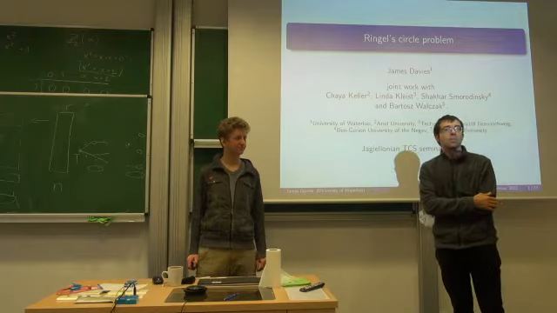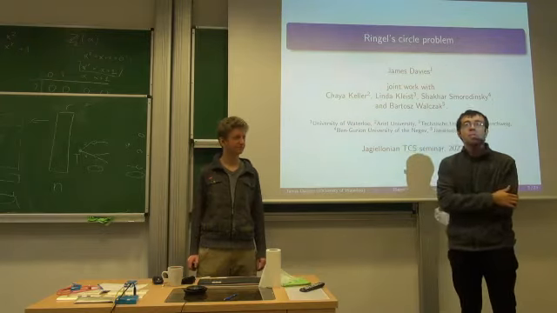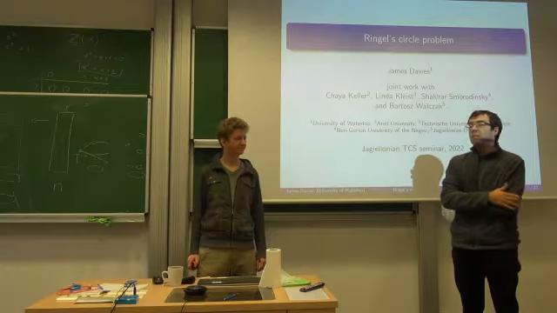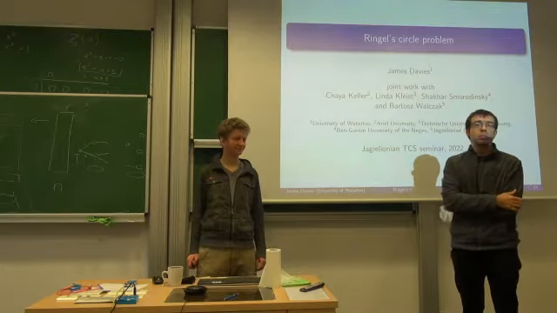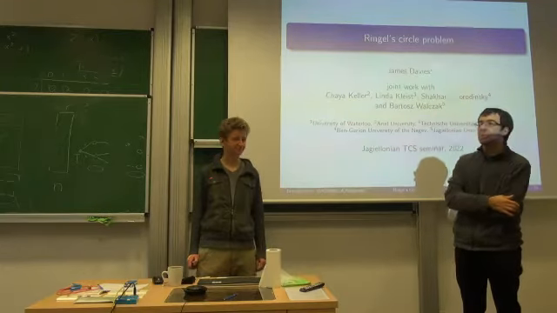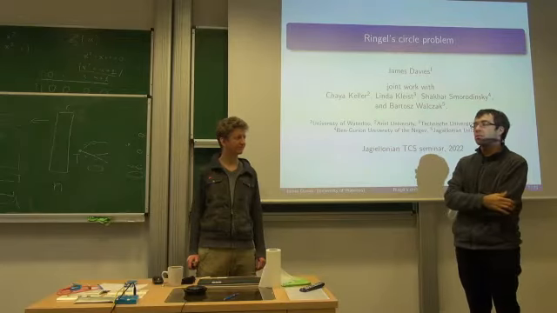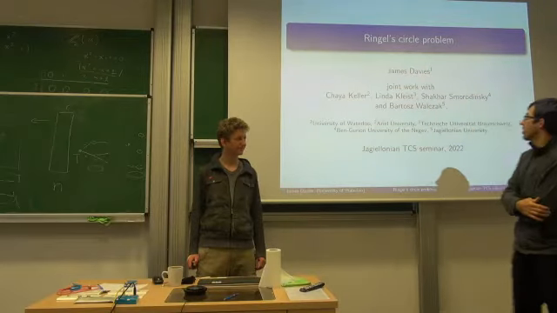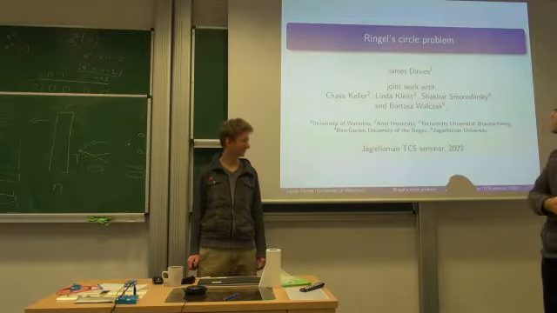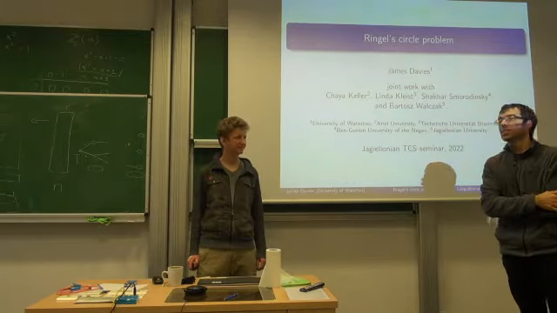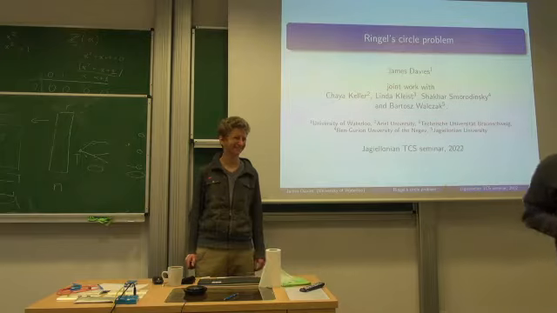Something closest to my interests is polynomial chi-boundedness of circle graphs, where he has a first joint paper with Rose McCarthy showing a quadratic upper bound, and then he has a paper showing an omega log omega upper bound. All great results, and today he will be speaking about Ringel's circle problem, which is also kind of a coloring or chi-boundedness problem.